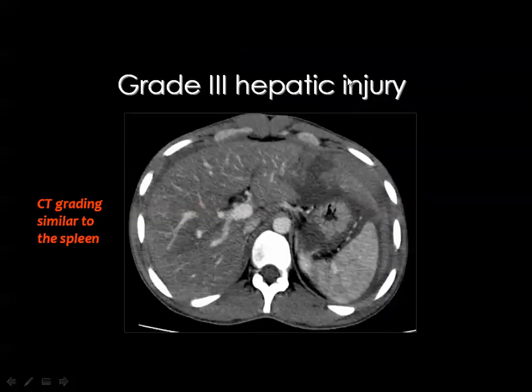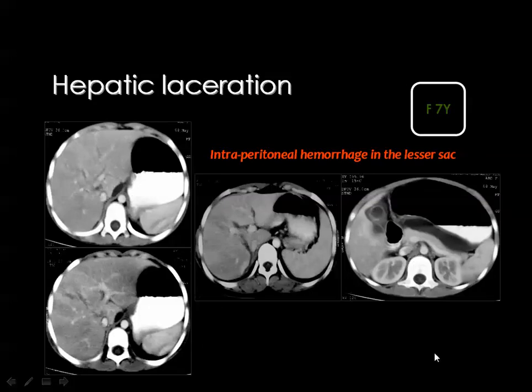And here is a fatty liver. You remember this is the liver which is relatively hypodense compared to the spleen after contrast enhancement, and there is a big laceration in the lateral segment of the left hepatic lobe, and you can see the hemorrhage inside the peritoneal cavity around the site of the laceration.